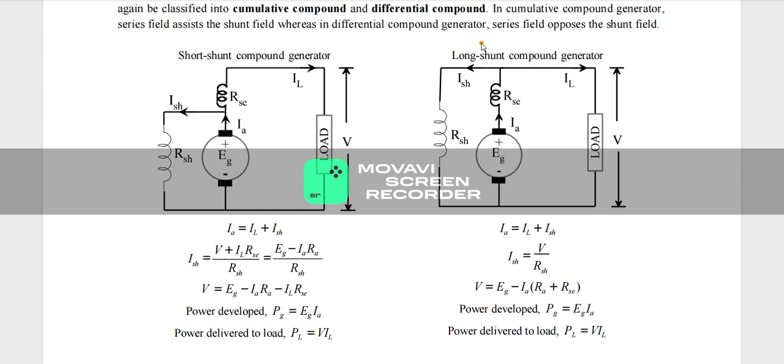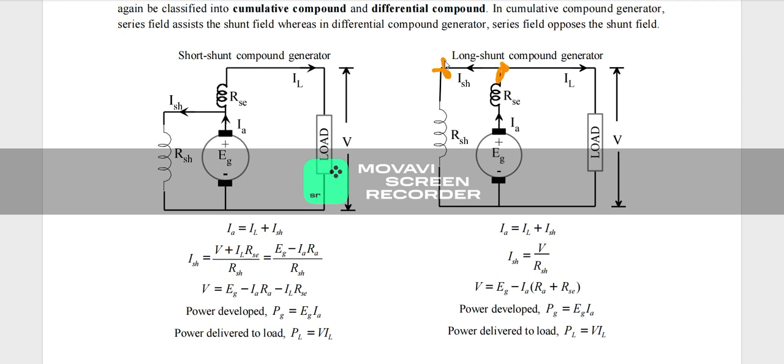So similarly here also we can take the current equation. As we already know, armature current IA is here. If you apply Kirchhoff's current law at this junction, IA will be split into two, IL and ISH. So by KCL we can write IA is equal to IL plus ISH. Then what will be the equation for ISH?